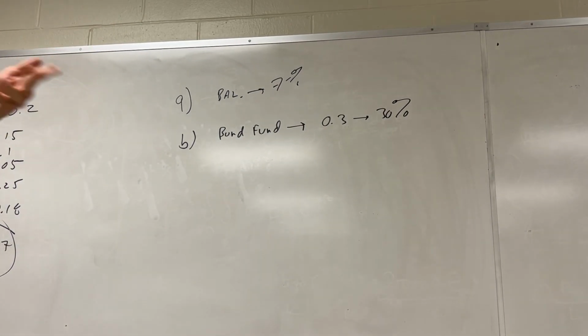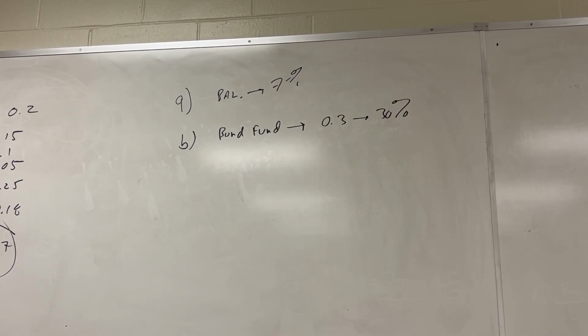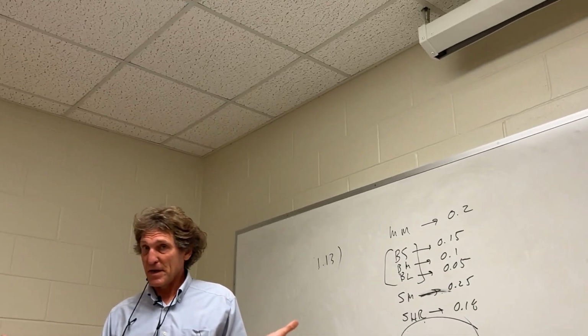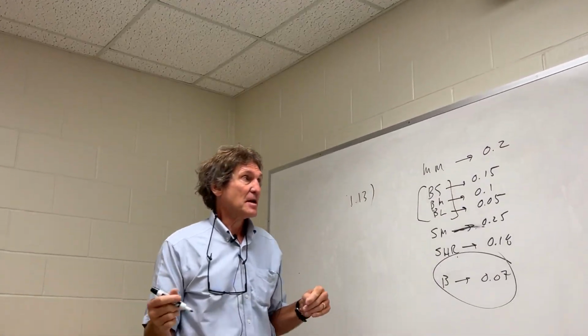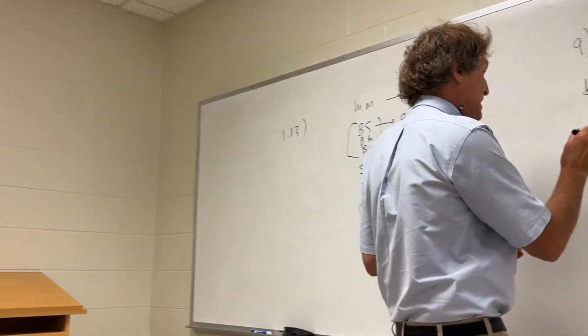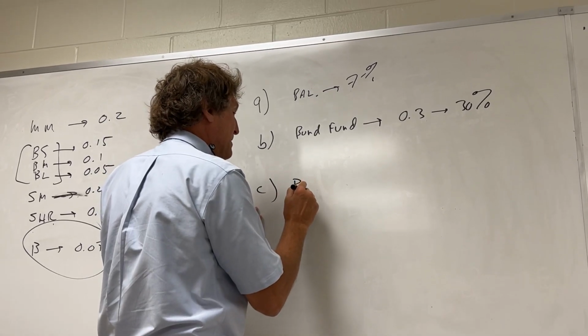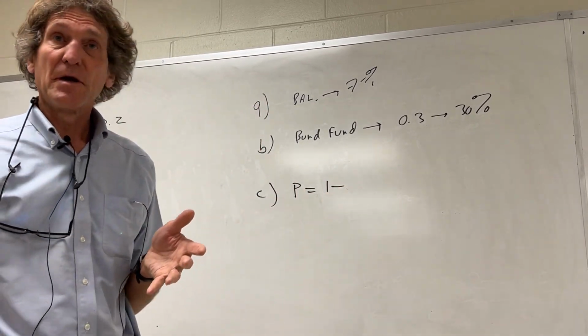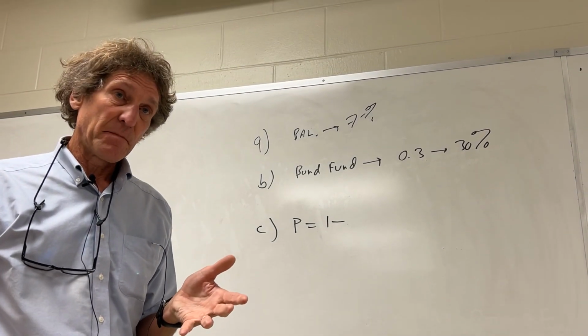This is just looking and adding simple numbers. What is the probability that the selected individual does not own shares in a stock fund? This is just 1 minus the probability they do. Do you all follow me? So part C, this probability is going to be equal to 1 minus the probability that they do own a stock fund.